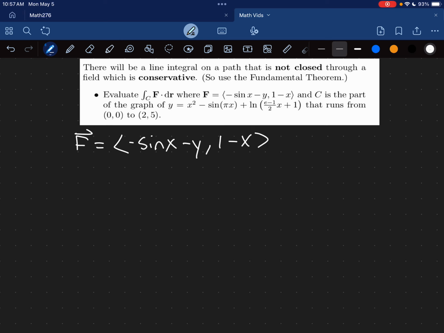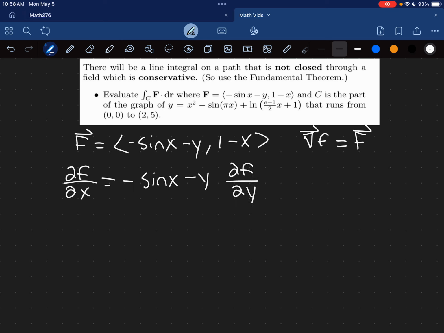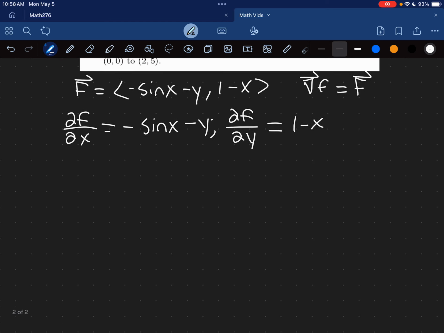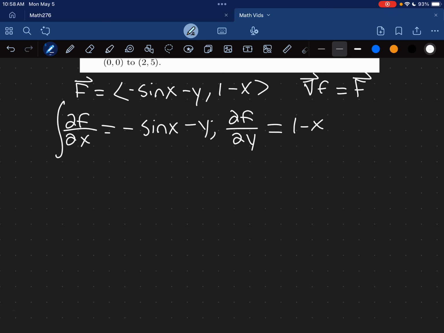And our potential function is such that the gradient of little f is equal to the field big F. So by our gradient, the partial derivative of f with respect to x is going to be equal to negative sine x minus y, and the partial derivative with respect to y is equal to 1 minus x. So the way you want to start this is to integrate this function with respect to x.